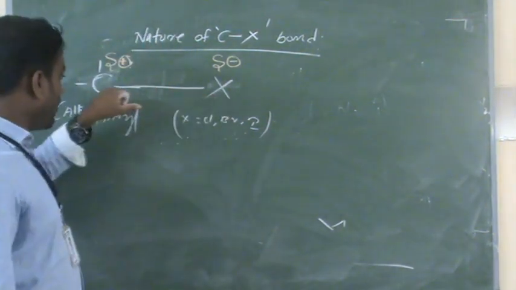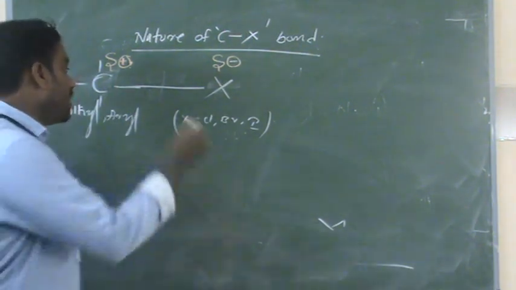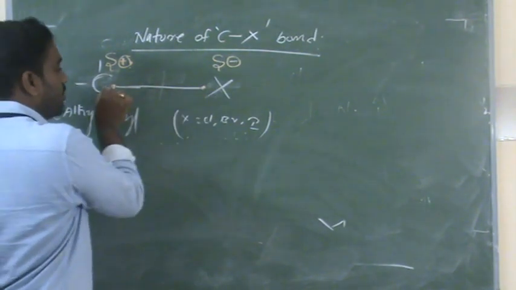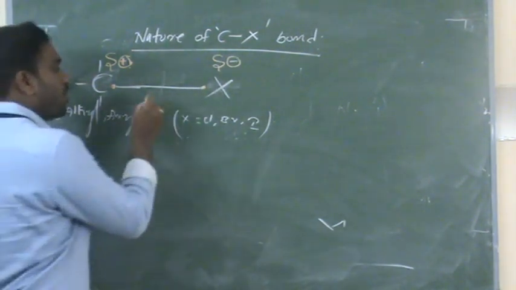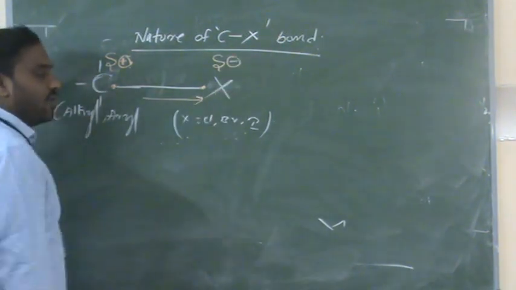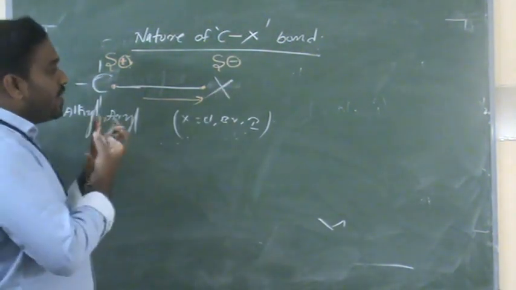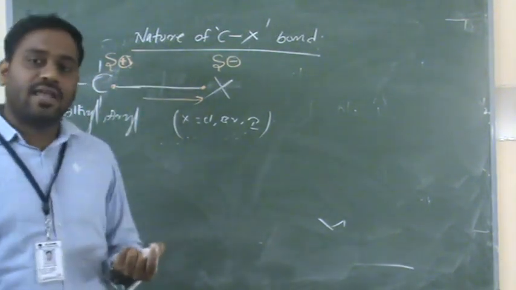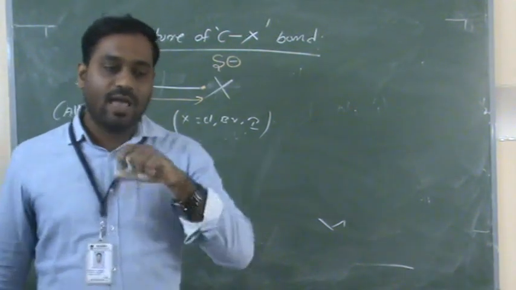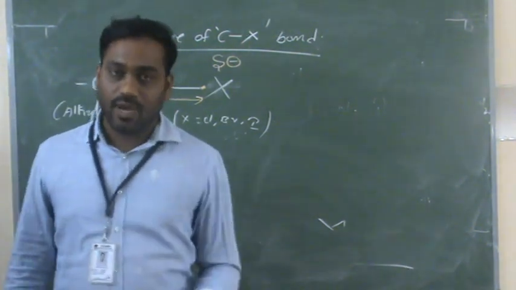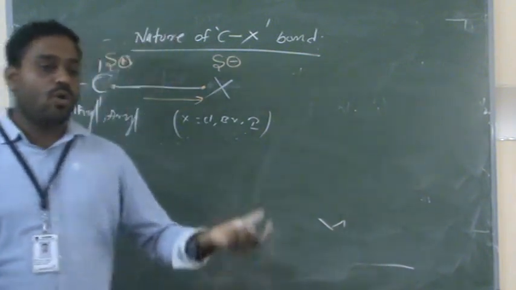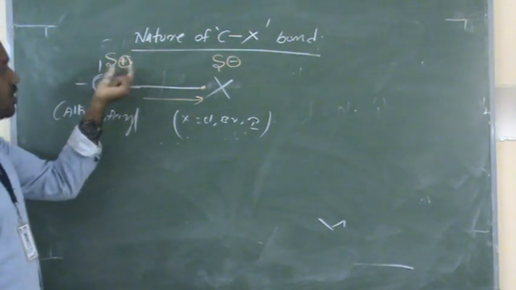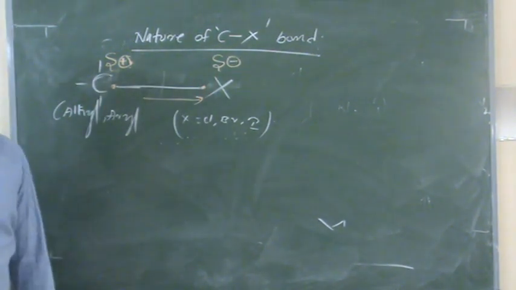The halogen is more electronegative when compared to carbon. So the shared pair of electrons between the carbon and the halogen goes towards the halogen side, attracted by the halogen atom, because the halogen is more electronegative than carbon. Automatically there is a formation of partial positive charge on carbon and partial negative charge on the halogen.